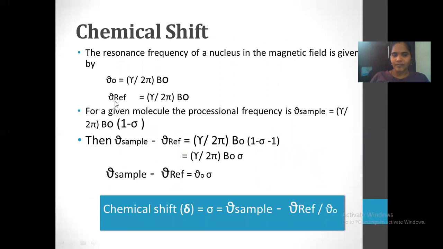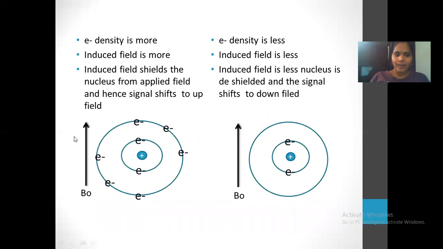So for a reference compound, we can write it as gamma by 2 pi into B0. But as I told you, the applied magnetic field will not be experienced by the nucleus as fully as what we apply. Because of the induced magnetic field, the nucleus will experience less magnetic effect.